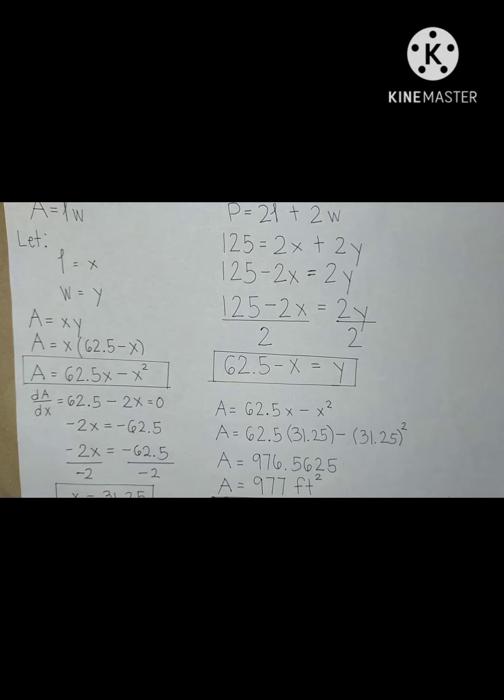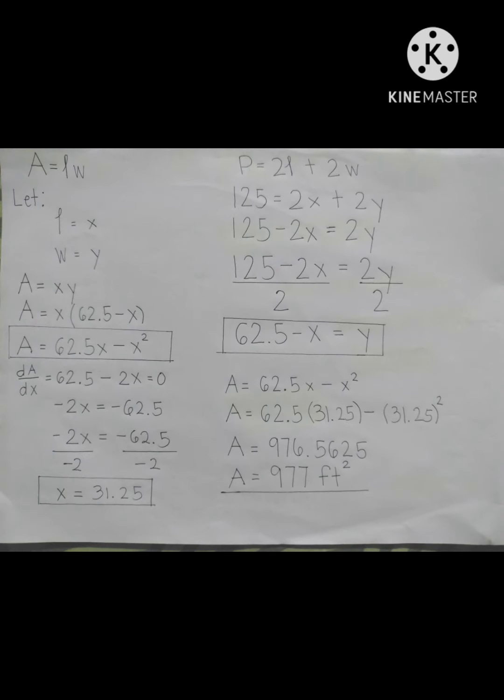Let's simplify it. x times 62.5 is equal to 62.5x minus x times x is equal to x squared. So now we have an equation for the area of a rectangle, which is A = 62.5x - x squared. Now let's get the derivative of the area. The derivative of the area with respect to x is equal to 62.5 minus 2x.